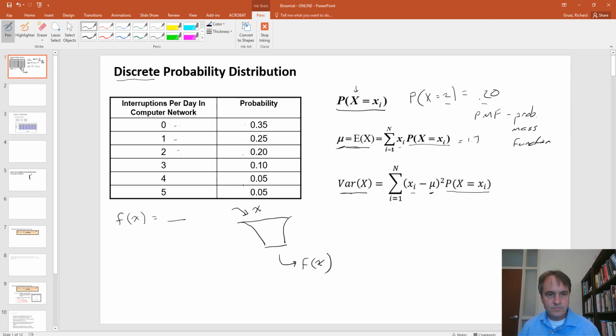So this probability mass function is a way of putting in a particular x and then getting back a probability. We can think of this function as a function from some integer values, 0, 1, 2, 3, 4, 5, mapping those integer values onto real values that are constrained to be between 0 and 1, because remember, probabilities range from 0 to 1.